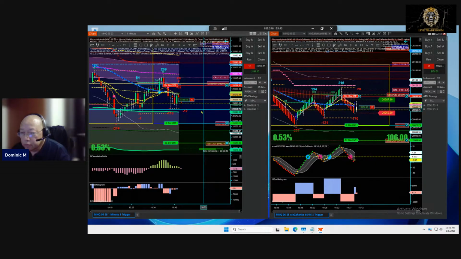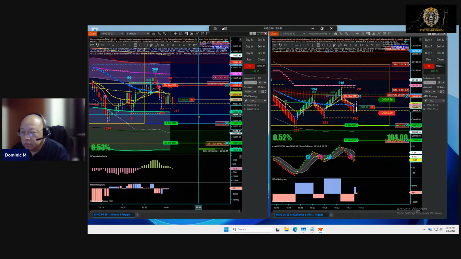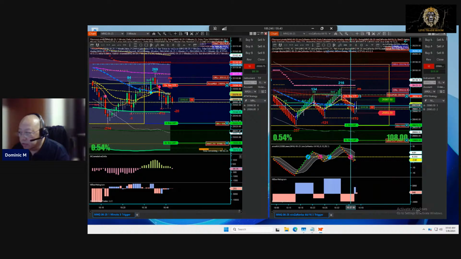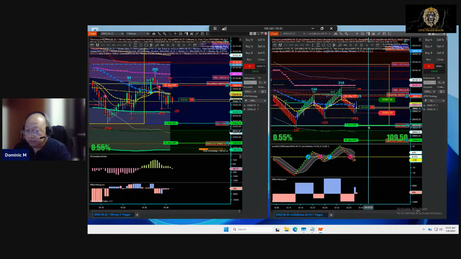We're getting more momentum to the downside right there. And so on this one, you can see also creating a reversal. Let's see if it completes that.